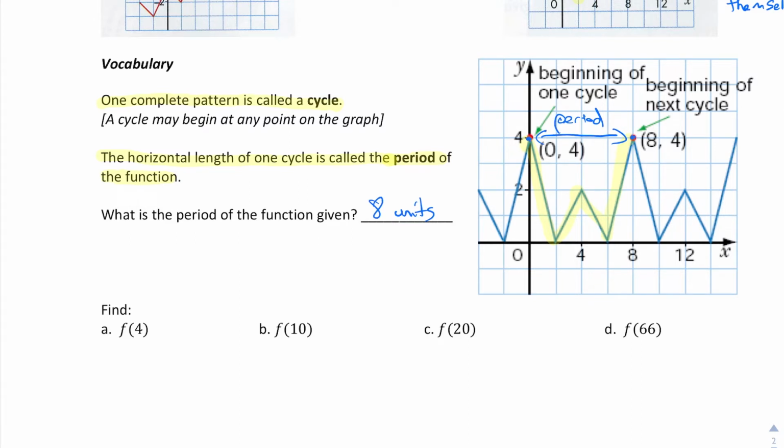Okay, so some of the things we can do is use function notation to figure things out on the function. This is going back to what we did a long time ago. If I write f at 4, remember this is the function at the value 4, it means find y when x equals 4.